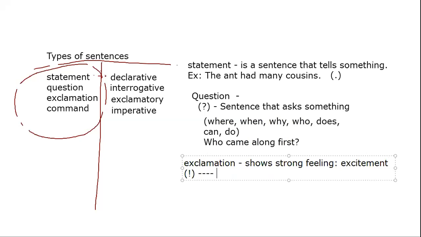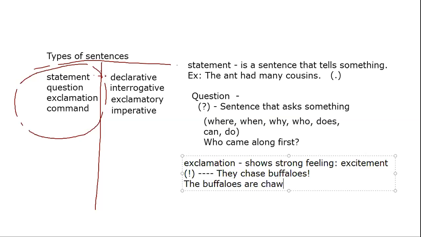Let's give an example here. They chase buffaloes. Someone showing excitement, or the buffaloes are chasing me. Run.